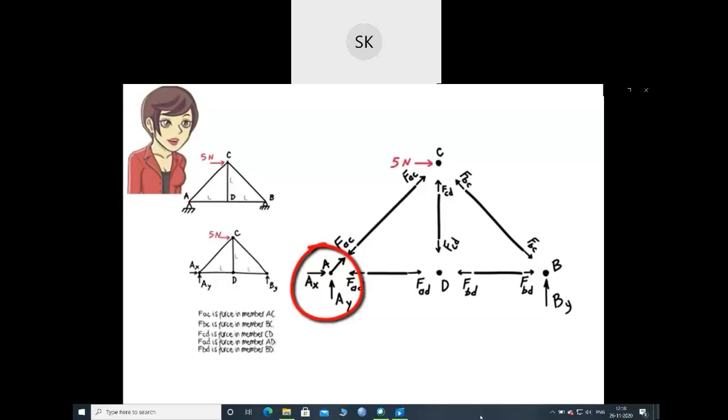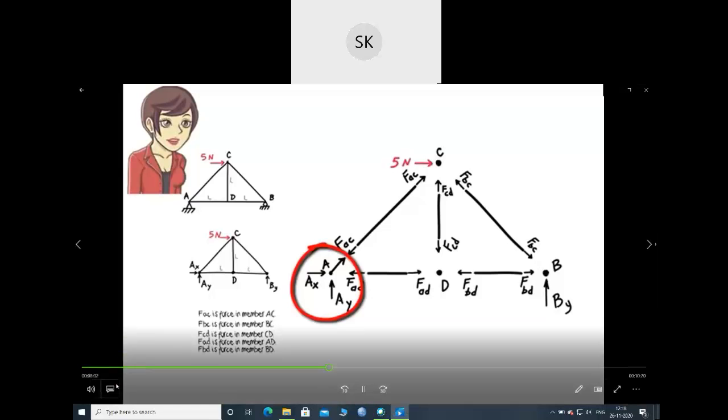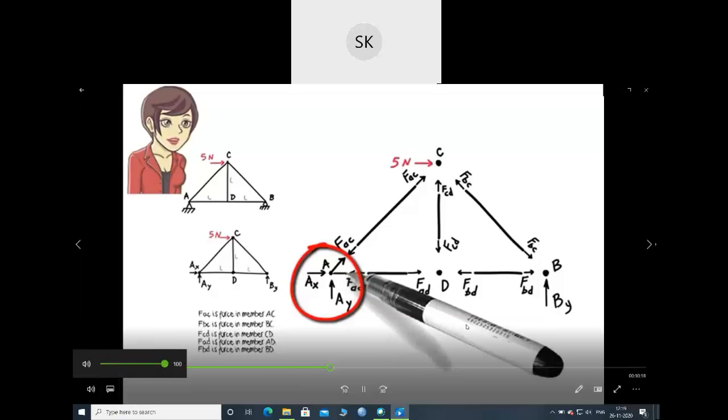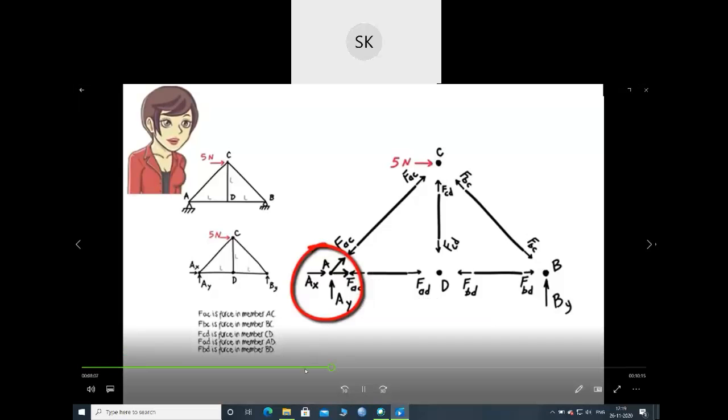Note that the direction of FAC at the joint is opposite to the direction of the same force shown on the member. This is the case because the two forces must cancel each other out. That is, if we reconnect member AC to joint A, the sum of the internal forces must vanish. Obviously, this happens only when the two forces are kept in opposite directions so that they cancel each other out. There is one more member force acting on the joint.